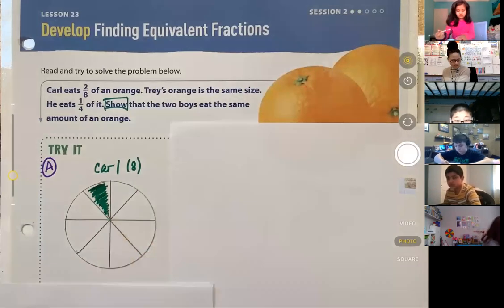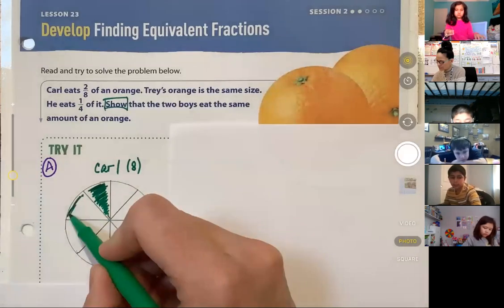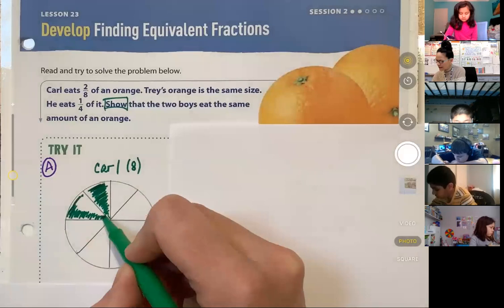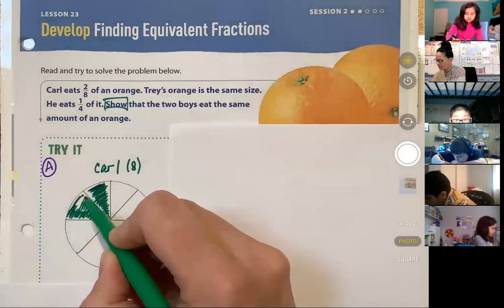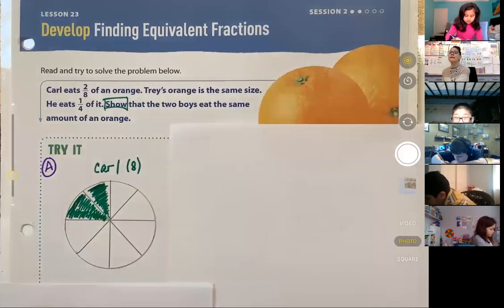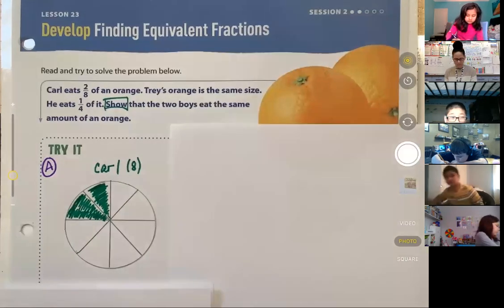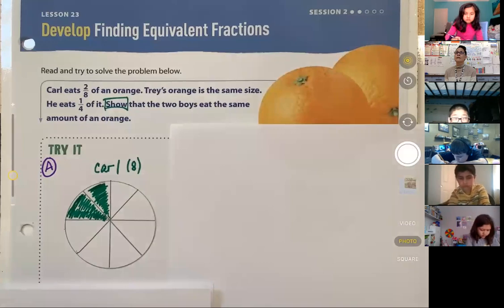Piece number 1 and piece number 2. Does the coloring have to be absolutely perfect? No, it does not, but we get the idea. There we go. I will give you a moment to complete that. And then we're going to be all done with Carl.